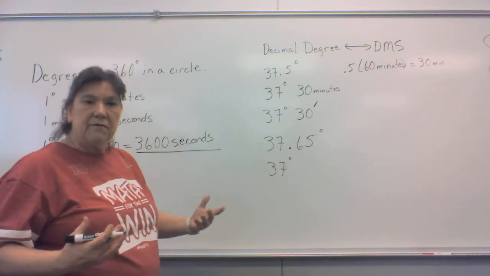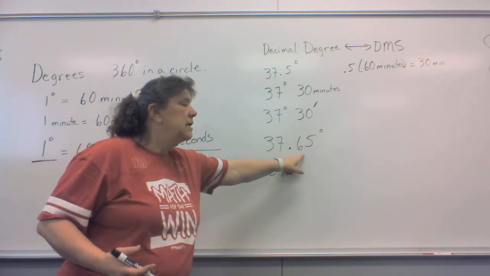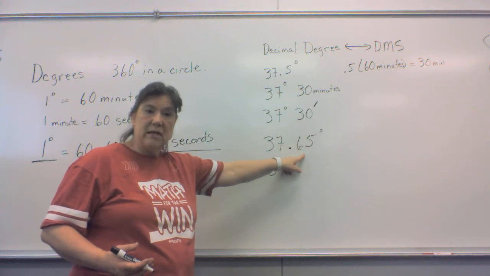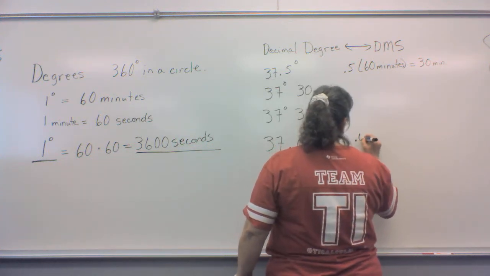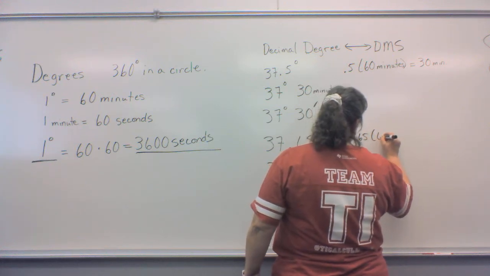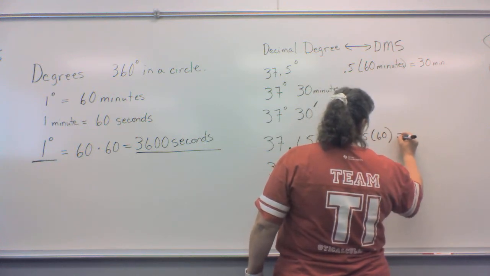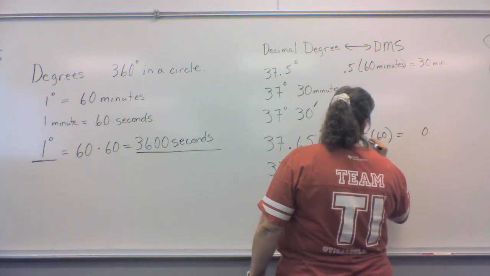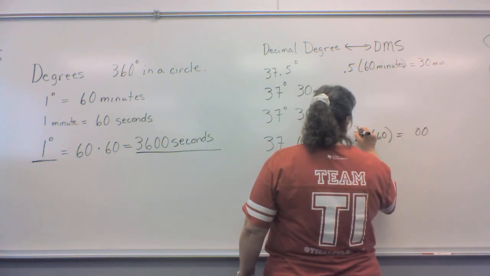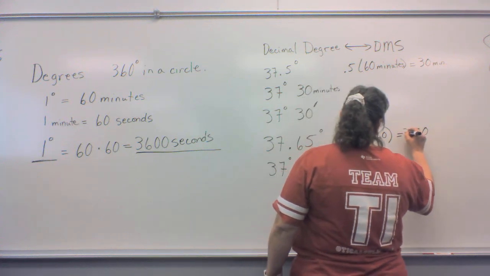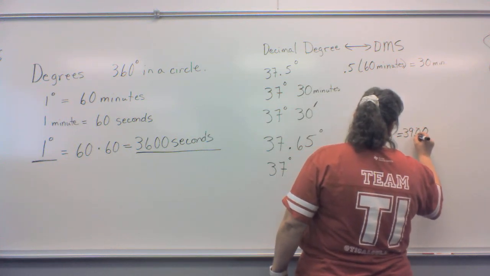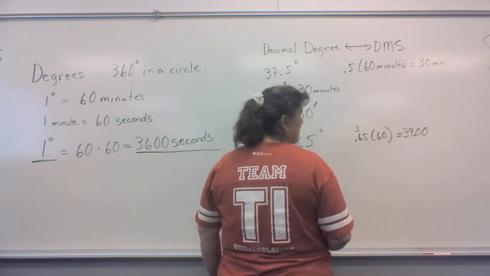Now we need to find out how many minutes 65 hundredths of a degree would be. Just like in the other one, 0.65 times 60: 0 times 60 is 0, 5 times 60 is 30, carry the 3, 6 times 6 is 36, 39, with 2 decimal places for the 0.65.